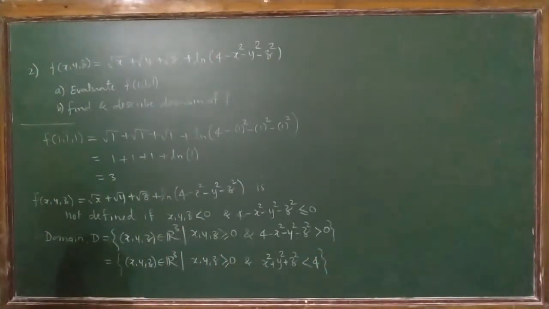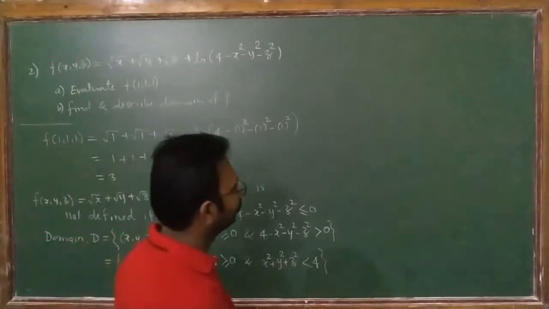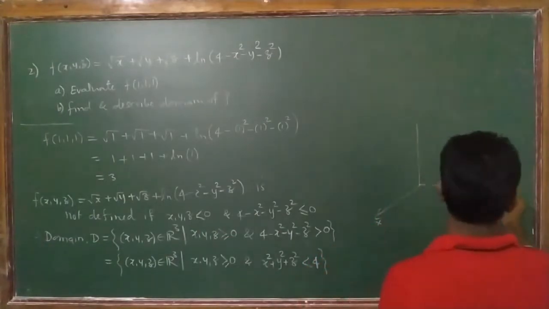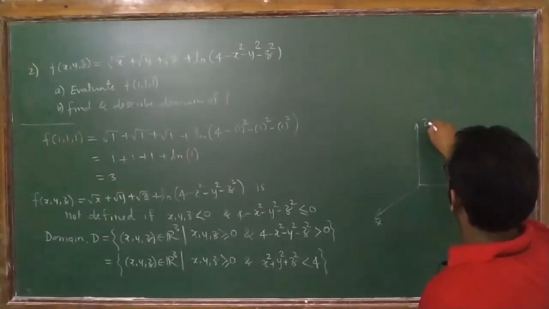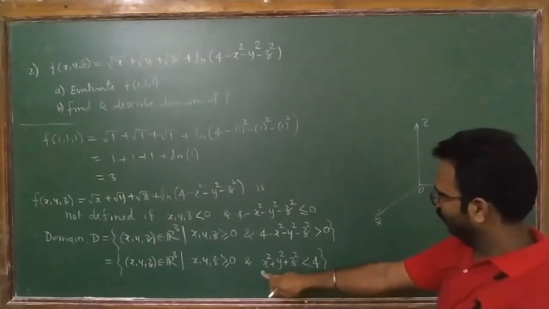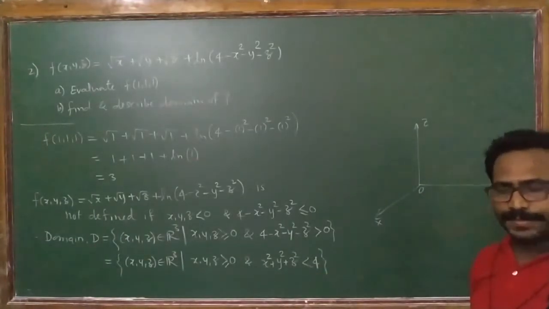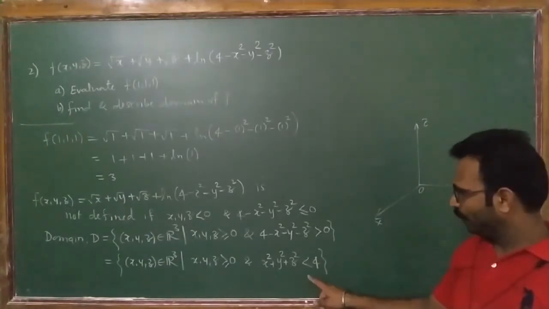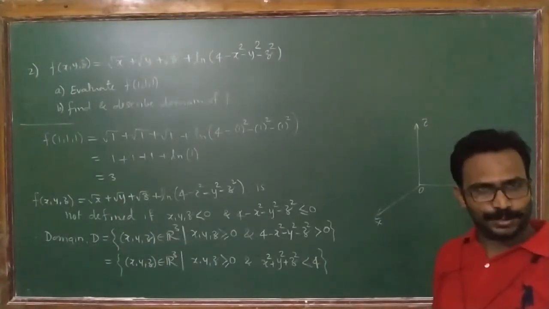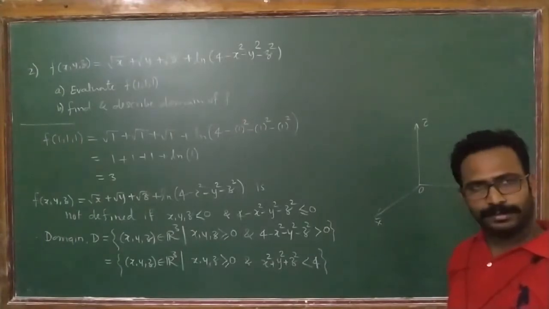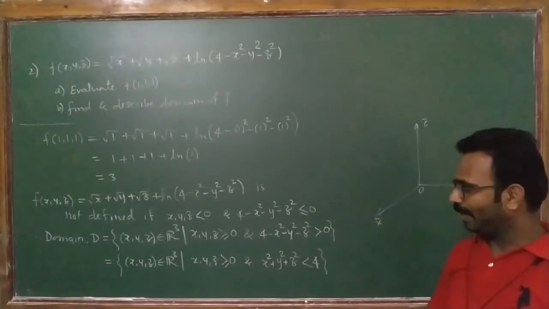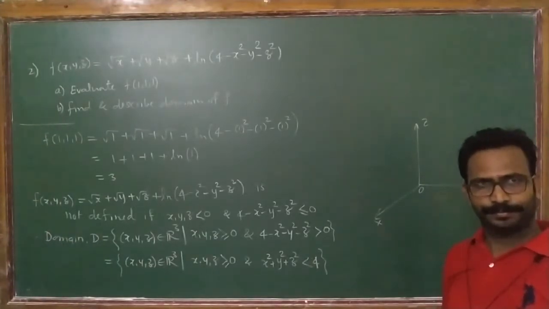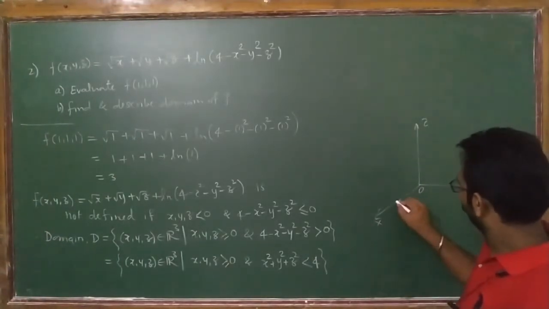So geometrically, what does it mean? X square plus y square plus z square equal to 4, that means equal to 2 square. So it is a sphere of radius 2. Right? So what will be the part of the sphere for which x is positive, y is positive, z is positive or equal to 0?